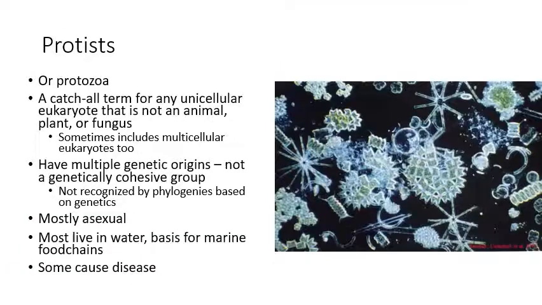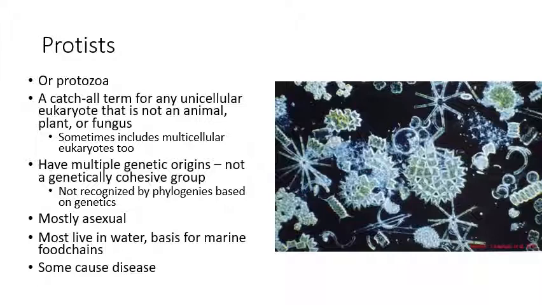Next, you have protists. Protists are a type of eukaryote. Another word for protist is protozoan, so protozoa would be the plural. Protist is kind of a weird grouping. It's not really based on genetics. It's a catch-all term for just any unicellular eukaryote that's not an animal, plant, or a fungus.